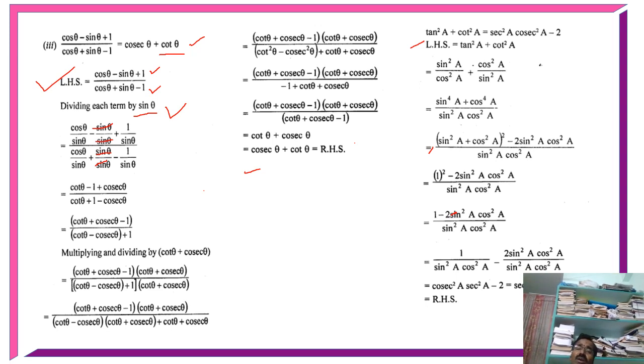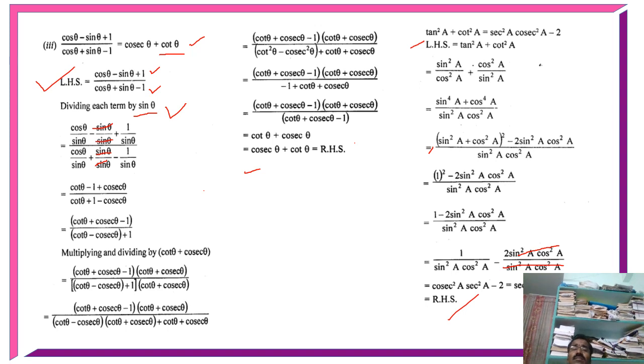So 1 square minus 2 sin square a cos square a, by sin square a cos square a, expanded as 1 by sin square a cos square a minus 2 sin square a cos square a by sin square a cos square a. These two are the same and get cancelled. What is left over is 1 by sin square a, which is cosecant square a, and 1 by cos square a, which is secant square a, minus 2. So we proved the RHS, secant square a cosecant square a minus 2.